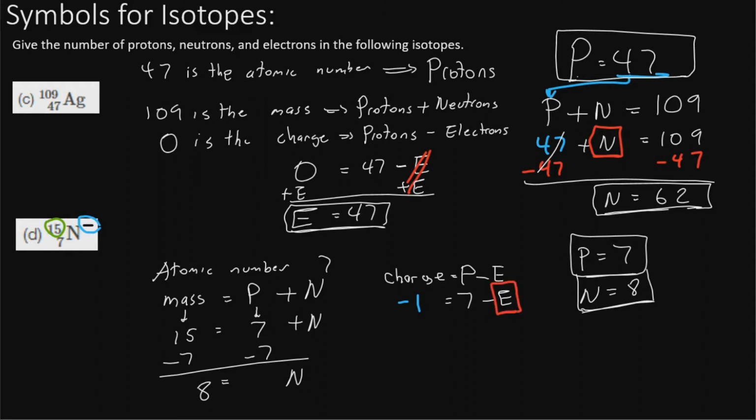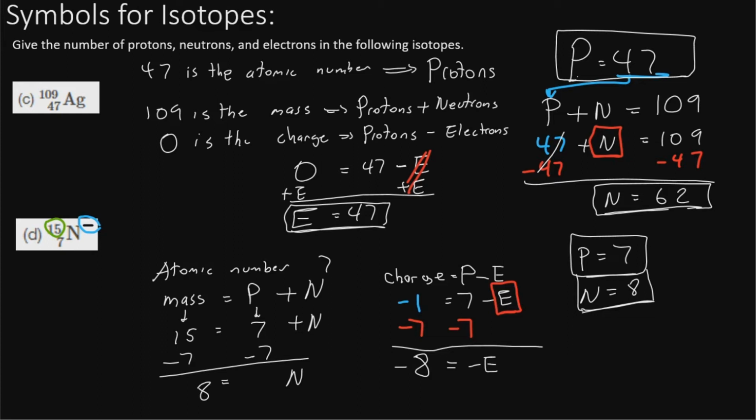First, let's move the 7 to the left side. We'll subtract 7 from both sides. On the left, this will give us negative 1 and negative 7, which is negative 8. This will equal negative E, because the 7 and the minus 7 will cancel.